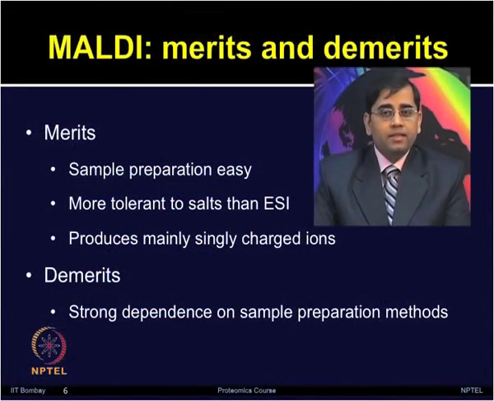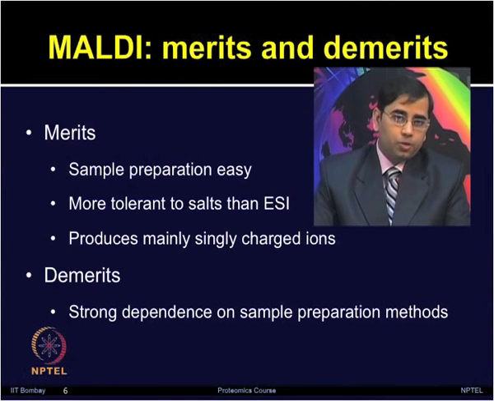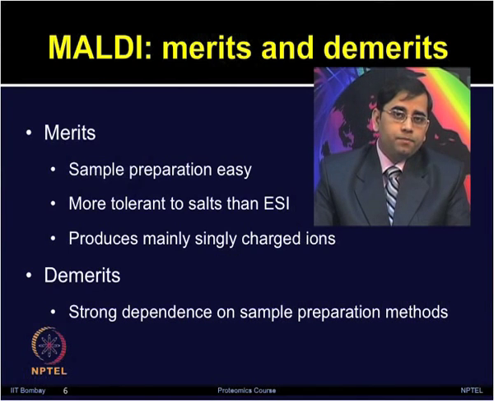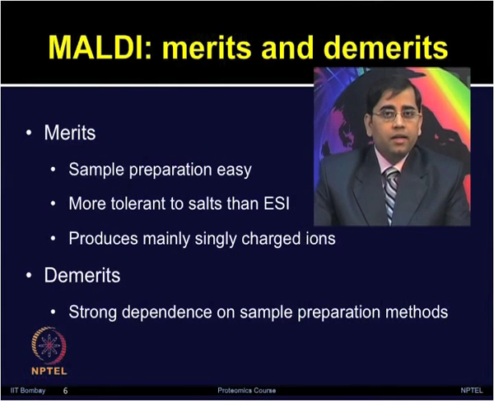There are various advantages and disadvantages of using MALDI as an ionization source. The sample preparation is very easy. MALDI provides high tolerance to salt as compared to electrospray ionization methods. MALDI produces singly charged species. Most analytes can accept a single proton.